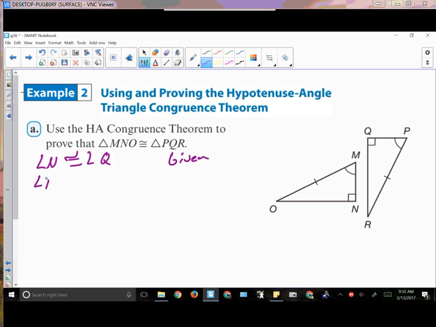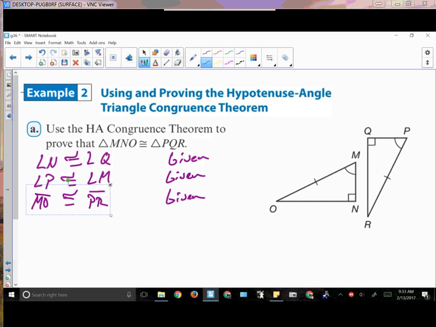We have angle P as being congruent to angle M. That's given to us. We are given that we have side MO is congruent to side PR. Again, that's given to us.